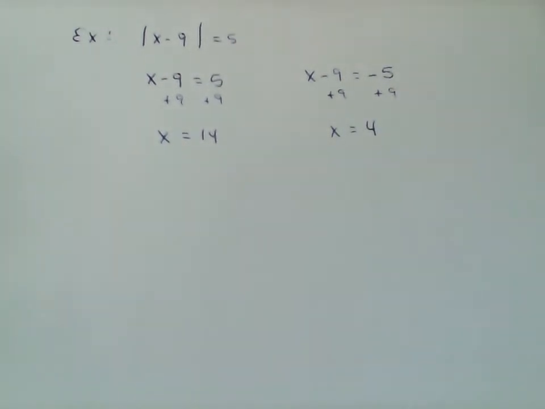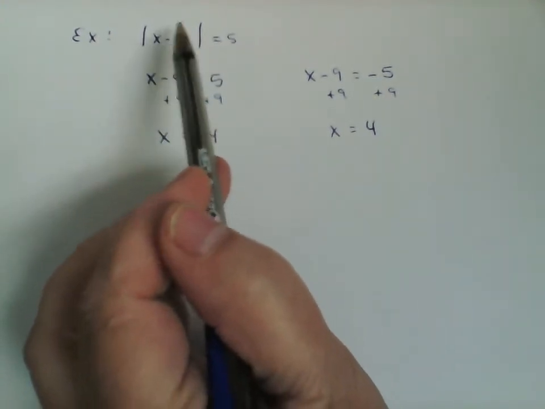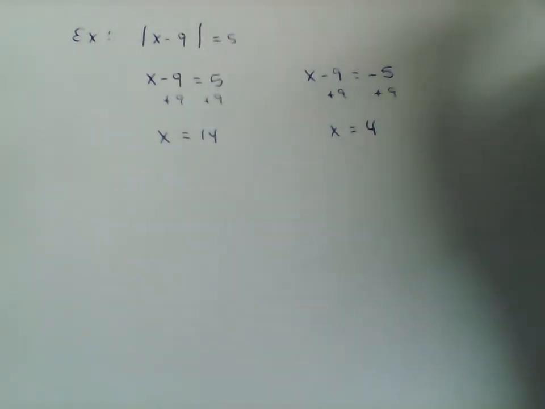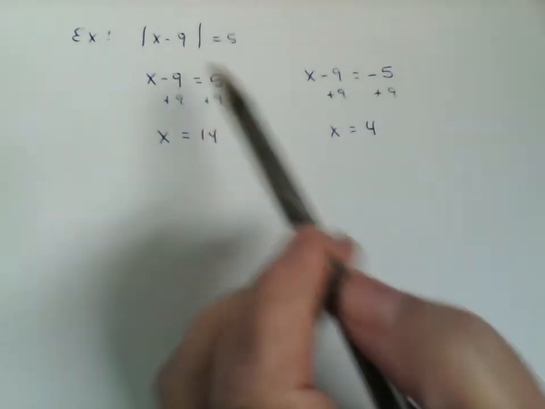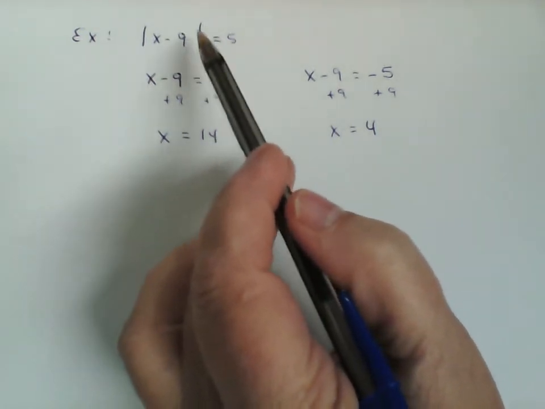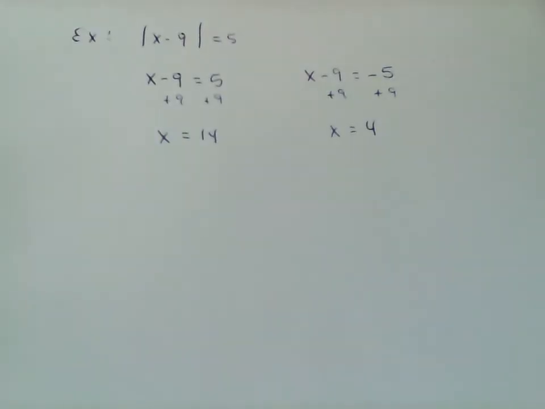Now, when it says check for extraneous solutions, which is our last step, it just means plugging it into the original equation and seeing if it fits. Here I have 14 minus 9, which is plus 5, and the absolute value of plus 5 equals 5. Here I have 4 minus 9, that's -5, and the absolute value of -5 is also 5. So both of these solutions work.